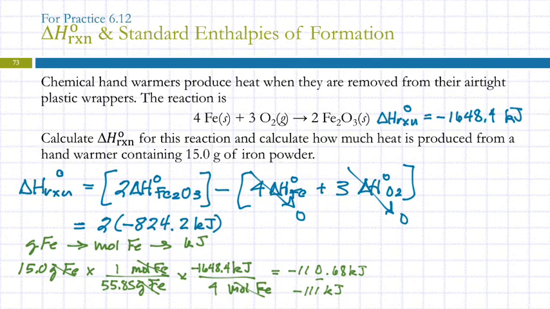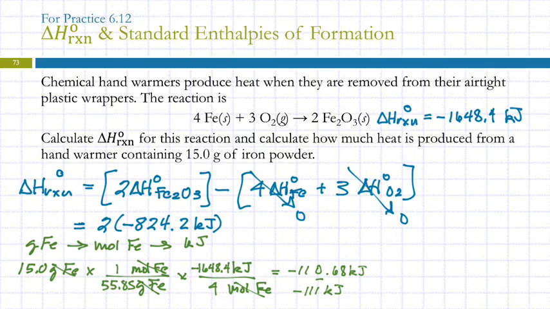Now, with energy, we need to be careful of the signs, because sometimes the words tell us the direction and then we don't want to use any negative signs. This is saying how much heat is produced. That tells me that the heat is being released, that overall it's negative.